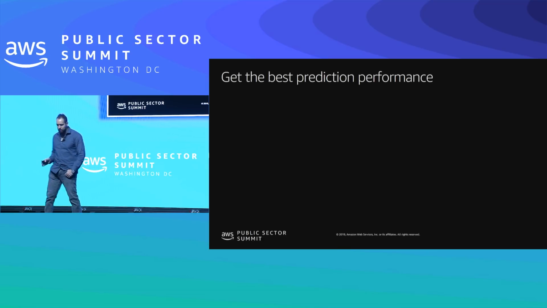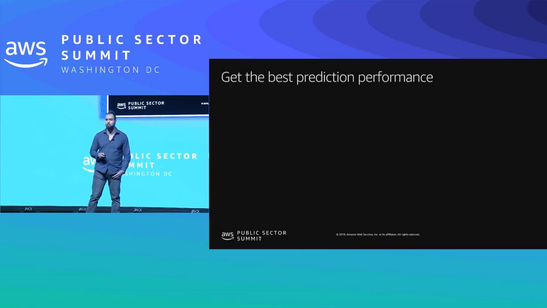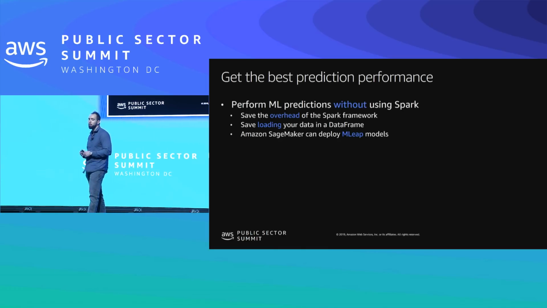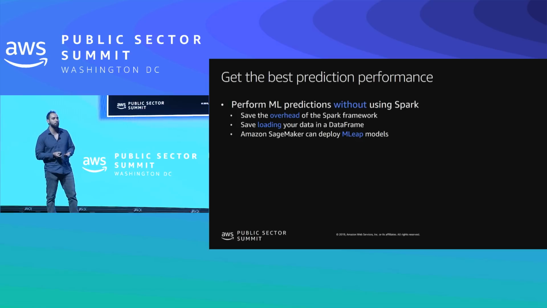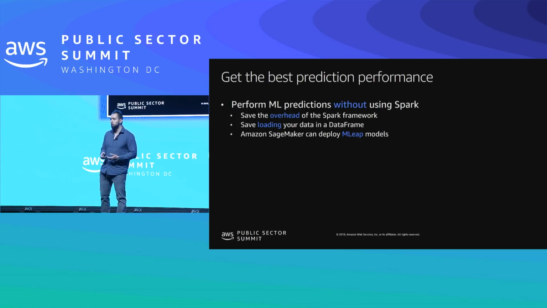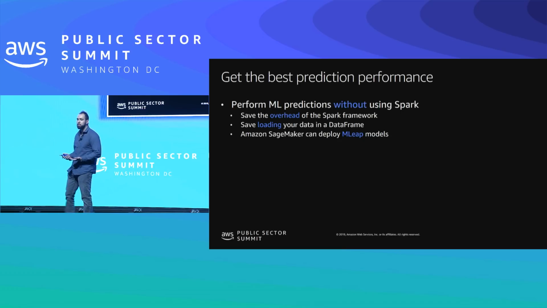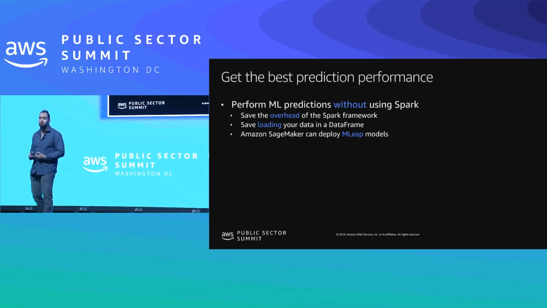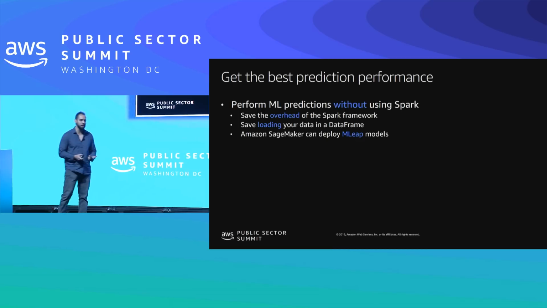Now, a particularly interesting benefit is that you get the best prediction performance. What I mean by this is that you have the ability to perform your machine learning predictions without using Spark. Spark really shines whenever you're doing ETL and processing massive amounts of data.